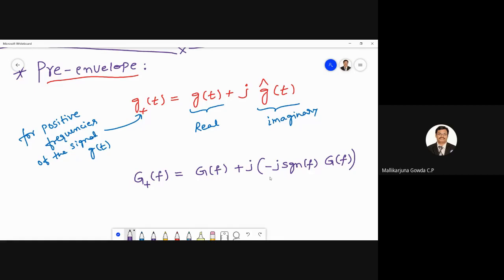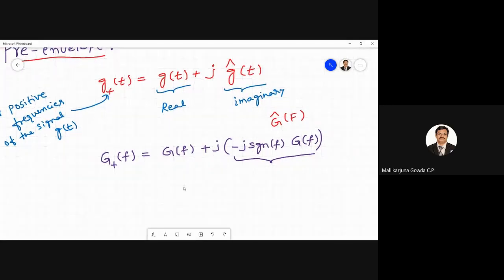Are you all agreed with me? Can I write this for G hat of f? So this is my G hat of f, that is minus j sgn of f into G of f. We all know what the value of sgn of f is, right? How do we define sgn of f?